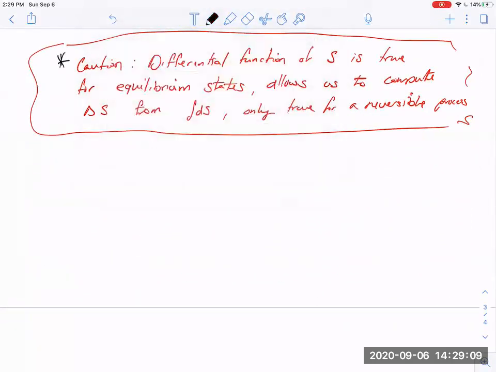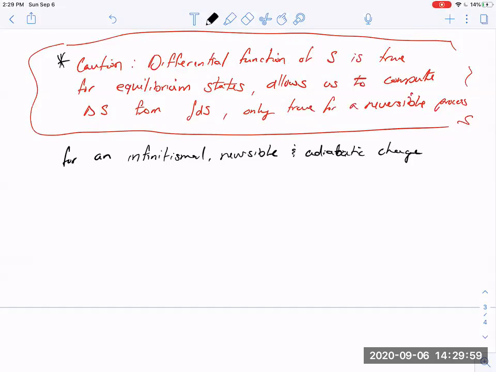All right, so constraining ourselves to such cases, then for an infinitesimal, reversible, and adiabatic change, adiabatic means that the change in the entropy is just due to changes in the system.